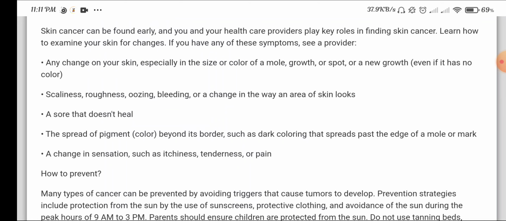The spread of pigment, color beyond its border, such as dark coloring that spreads past the edge of a mole or mark. A change in sensation, such as itchiness, tenderness or pain.